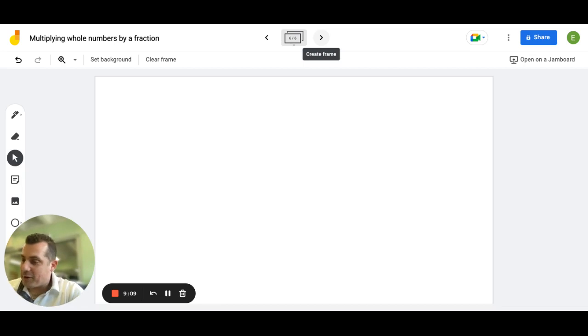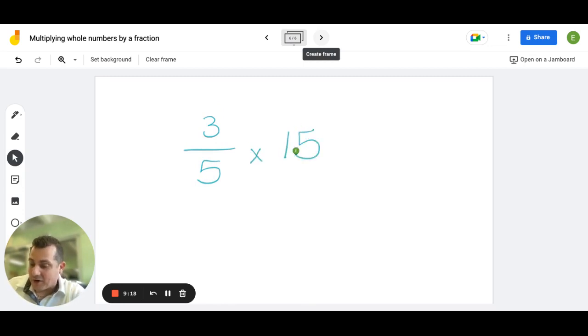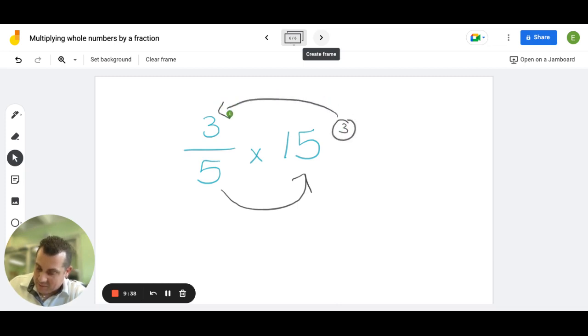But you could just look. If you get a problem like we just did before, 3/5 times 15, we said our answer was 9. Like we were doing today, for this problem, we know 5 goes into 15 3 times. So if we even want to put that 5 goes into 15 3 times, and then times that 3 by 3, that gives you 9.